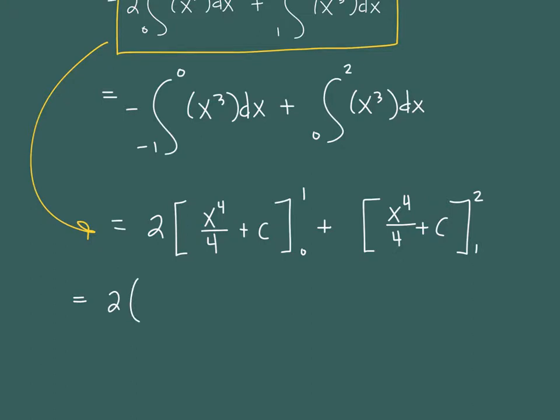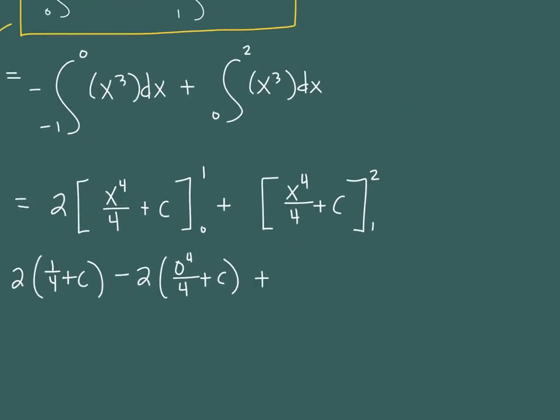So I will have 2 times 1/4 plus c minus 2 times 0 to the 4th plus c. And then my second antiderivative would be 16/4 plus c, plugging in 2, minus 1/4 plus c.